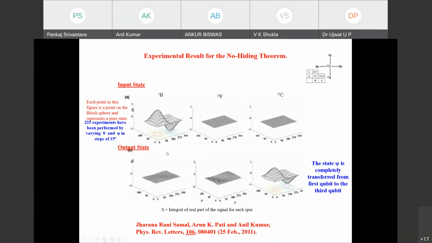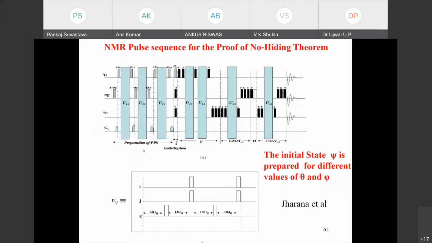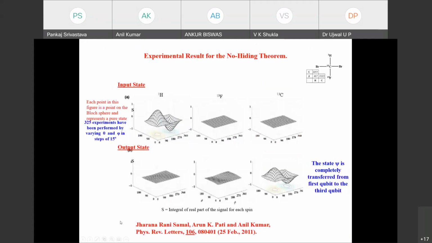And then you run this experiment, and you get this result: nothing on the proton and nothing on the fluorine, and the ancilla has the state psi completely transformed from the first qubit to the third qubit.